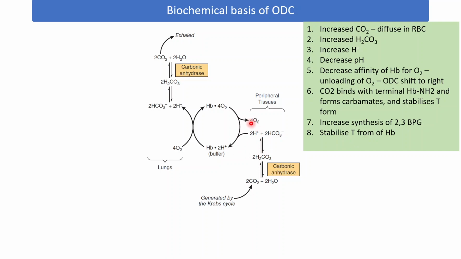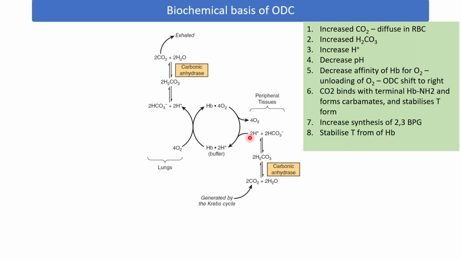Okay, so up till now what is happening is, because there is increased respiration, increased formation of carbon dioxide at the tissue, it is leading to formation of H positive ions, which is causing acidosis. Under conditions of acidosis, the oxygen dissociation curve shifts towards the right, so hemoglobin loses oxygen.